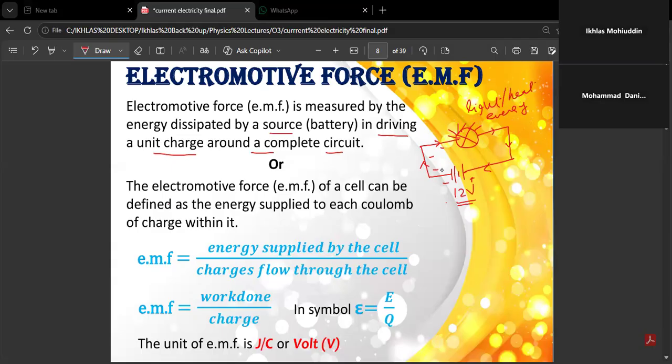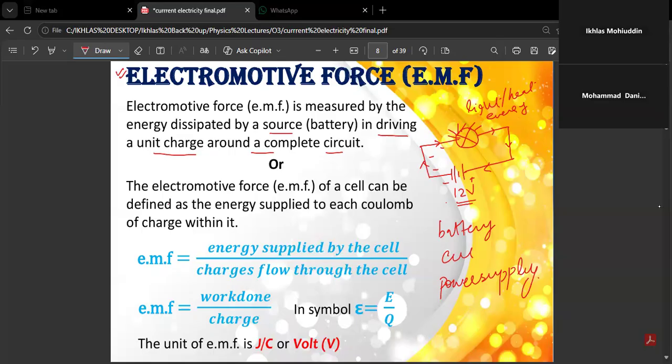So when we consider the potential difference or the voltage of a source, a source can be a battery, a cell, or a power supply, right? That potential difference in the circuit will be called electromotive force.